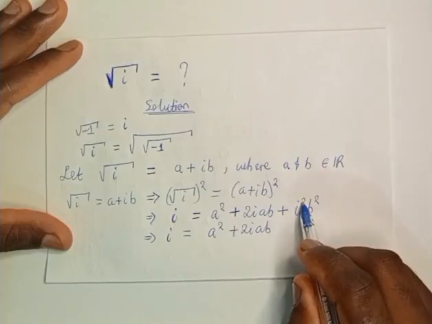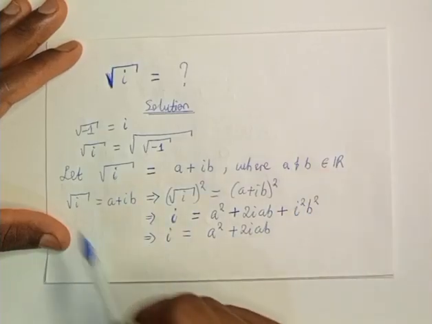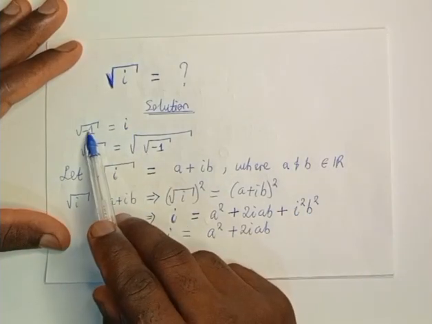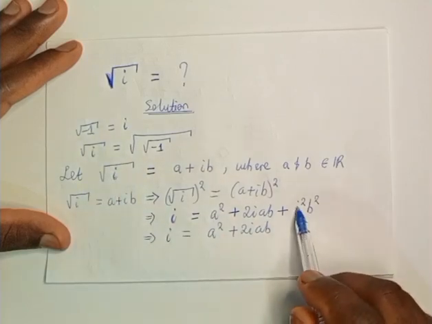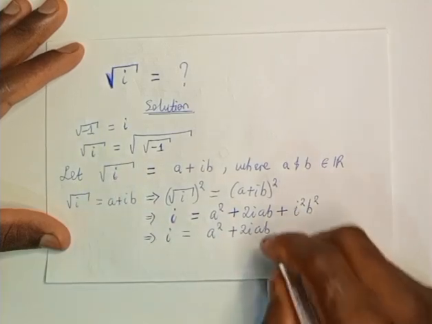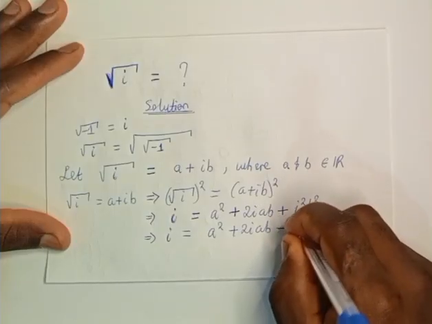i squared is simply equal to -1. -1 times b squared gives us minus b squared.